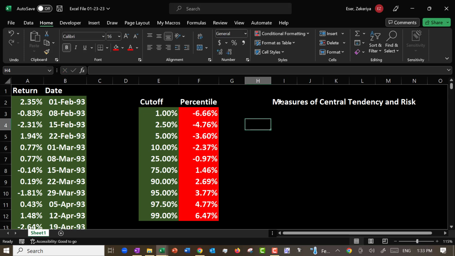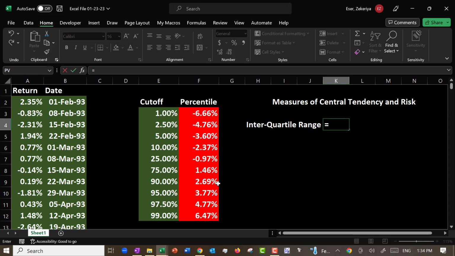One such measure is interquartile range. This 25th percentile, since it's 1/4, is also called the first quartile, or the lower quartile, and the 75th percentile is called the upper quartile, or the third quartile.